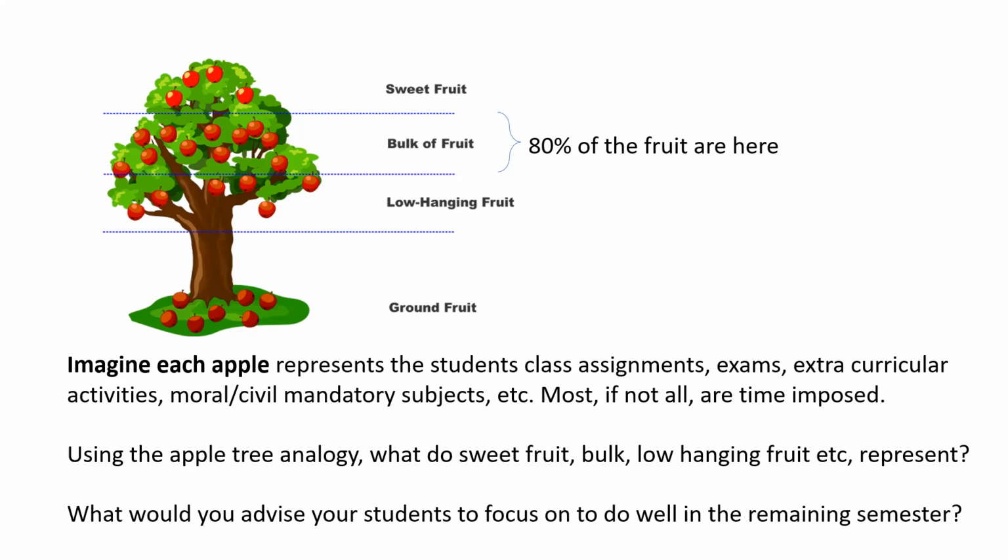For example, it might be just an additional paper that they all have to write. You could include an extra paper for them to do, and that might help them achieve a higher score. And before the semester starts, get them to focus on the bulk of the fruit.